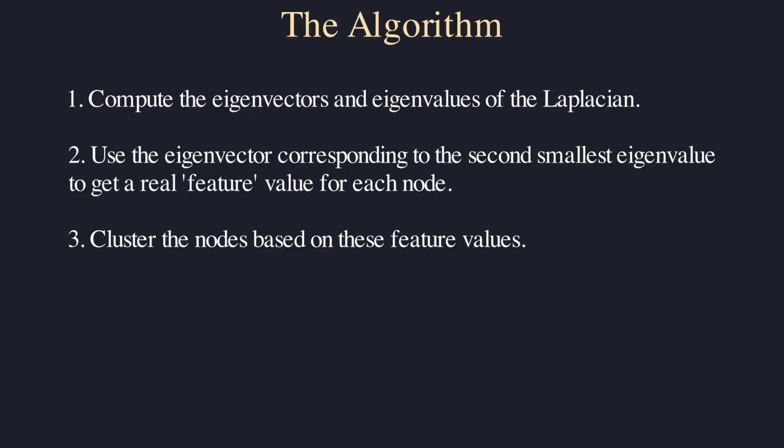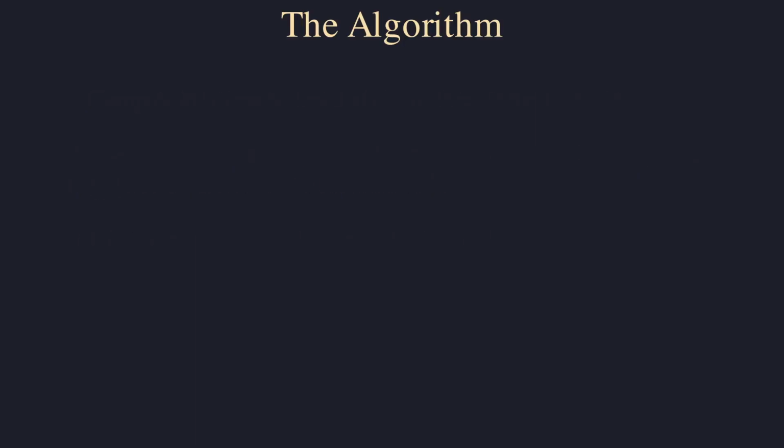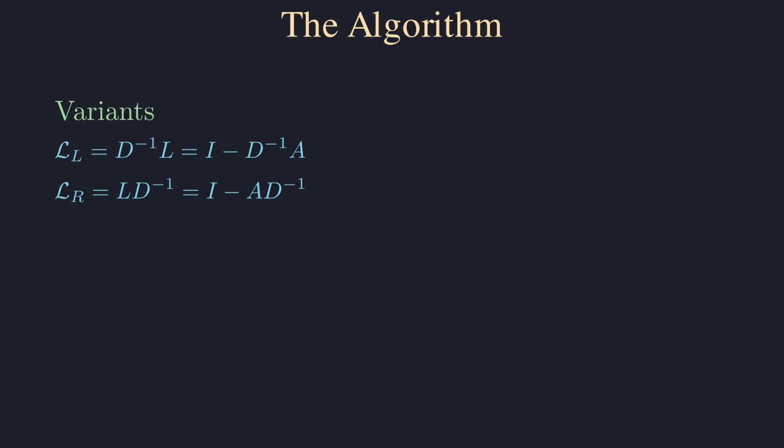There are some variants of the algorithm where we use matrices other than the Laplacian matrix. We can use one of the three normalized Laplacian matrices. The first one is the left normalized Laplacian matrix, and this is equal to D inverse times L. Similarly, we have a right normalized Laplacian matrix, which is equal to L times D inverse.